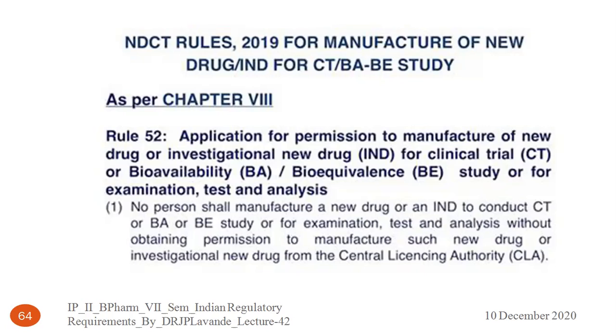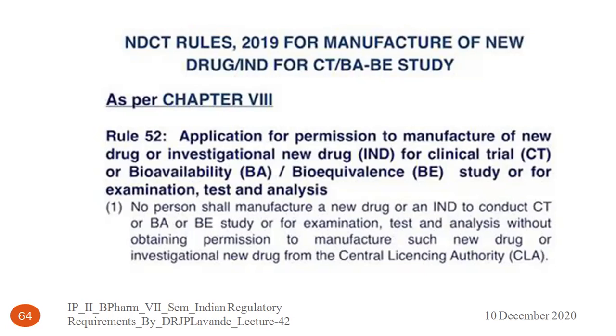Okay. So what is mentioned in Rule 52? The first point mentioned in Rule 52 is that no person shall manufacture a new drug or an investigational new drug to conduct clinical trial or bioavailability or bioequivalence study or for examination, test, and analysis without obtaining permission to manufacture such new drug or investigational new drug from the Central Licensing Agency.